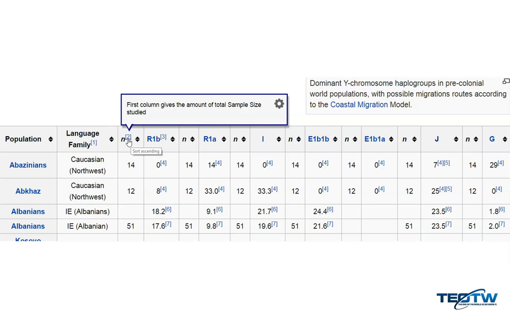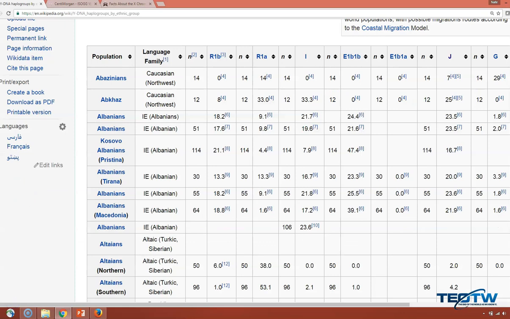I'm going to actually go to this page so we can look at it in more detail, but I wanted to highlight that pop-up that says it gives the amount of the total sample size studied. Okay, so I actually moved to this page. It's on Wikipedia. And so here's that pop-up. First column gives the amount of total sample sizes.